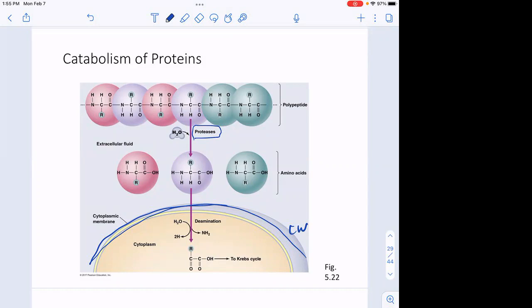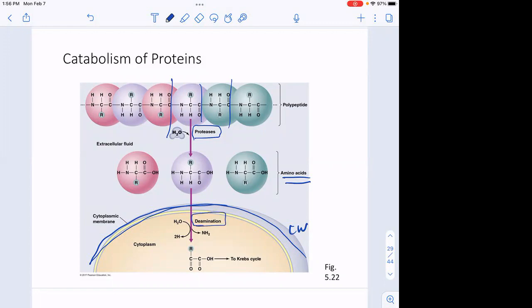That splits a polypeptide, a protein is a polypeptide, down into its constituent amino acids, cleaving those bonds. And then the amino acids are small enough that they can easily be transported into the cell. There are different ways that they can be metabolized, but often the first step is that the amino group is removed.